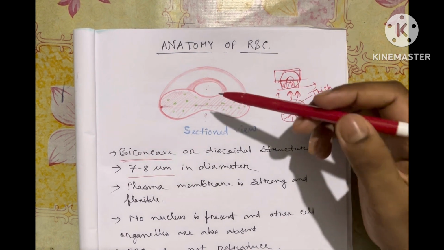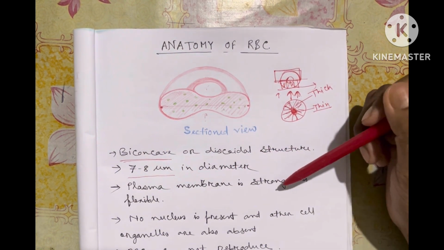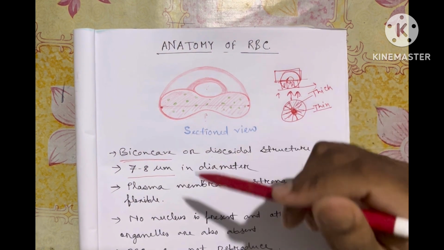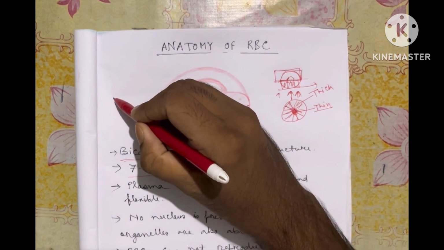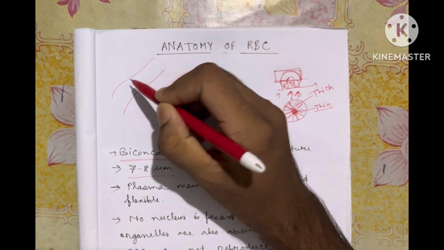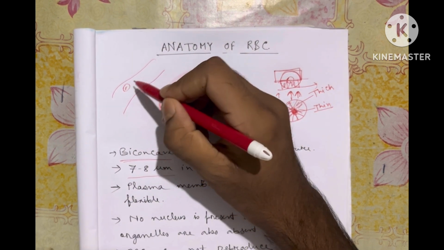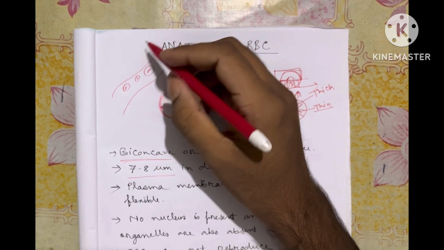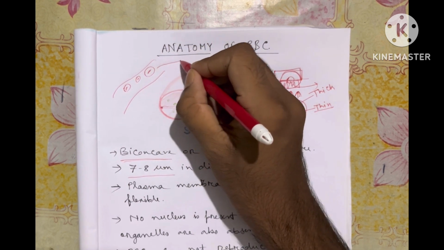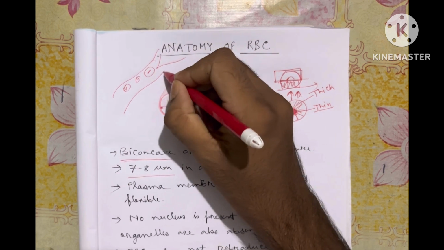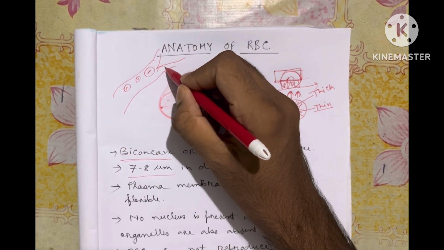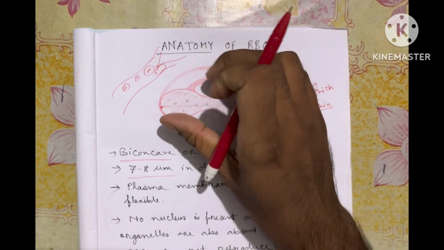Then another thing is the plasma membrane is very strong and flexible. One of the major benefits is when our RBCs are continuously traveling throughout our capillaries. A few capillaries could be very small. When one big artery is converted to arterioles, this RBC may adjust its body shape.